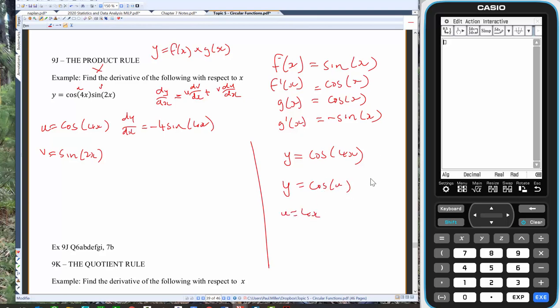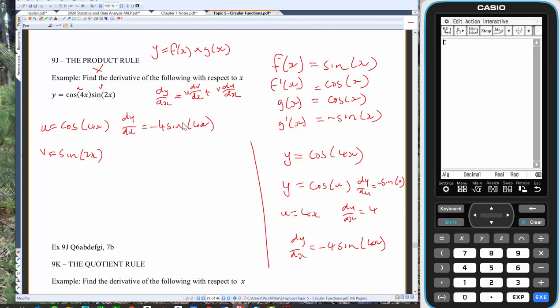Recall that dy du equals negative sine of u, and du dx equals 4. These get multiplied, so dy dx for that function is negative 4 sine u, where u is 4x. That's how that's come about.